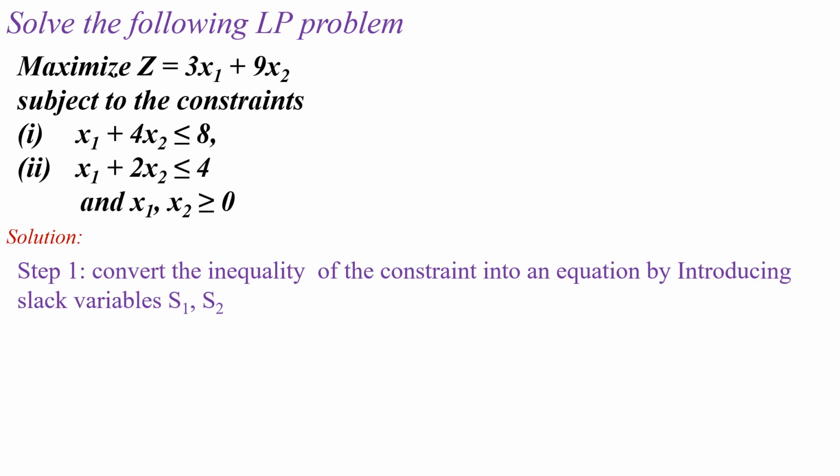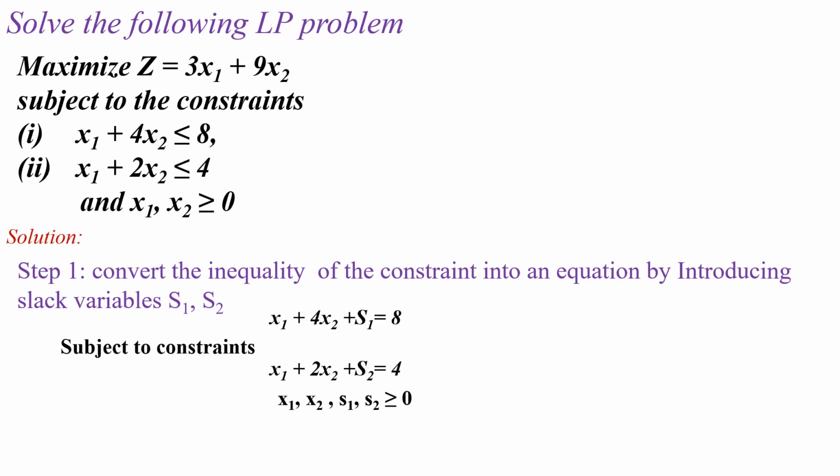Similarly, next we introduce the second slack variable, s2, in the second constraint. Now the constraints are x1 plus 4x2 plus s1 equal to 8, x1 plus 2x2 plus s2 equal to 4, and x1, x2, s1, s2 are greater than or equal to 0.